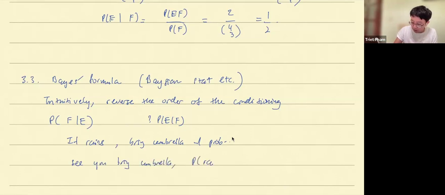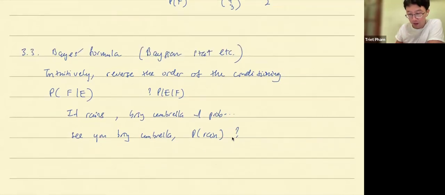What's the probability that it rains? Does it make sense? That kind of question. And once you put it that way, it makes perfect sense. If I know that you're very likely to bring an umbrella if it rains, then possibly I can conclude something when you bring the umbrella. This is where it gets hazy because we need to put down the precise numerical answer. But that's the kind of question that invokes the Bayes formula.